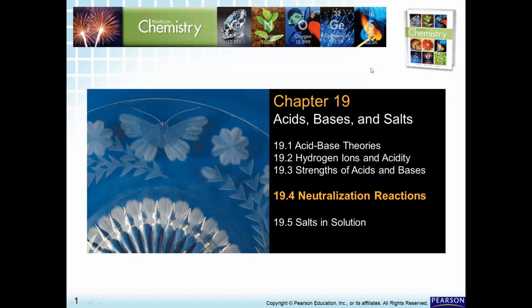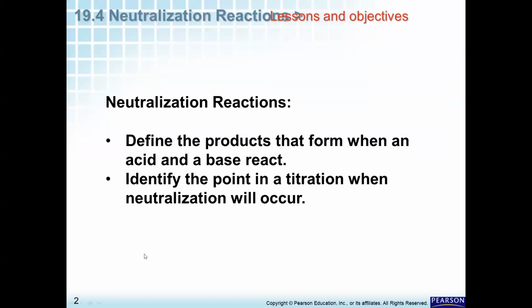So for today, we're going to talk about neutralization reactions. We already stated that, but we're going to confirm it again: a neutralization reaction is a reaction between acids and bases.